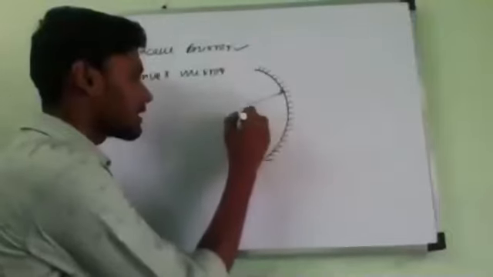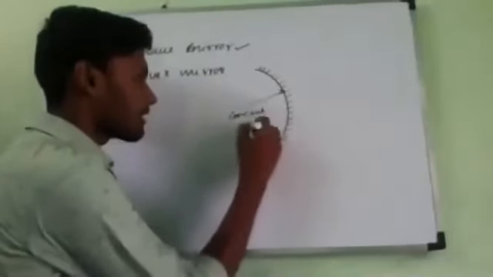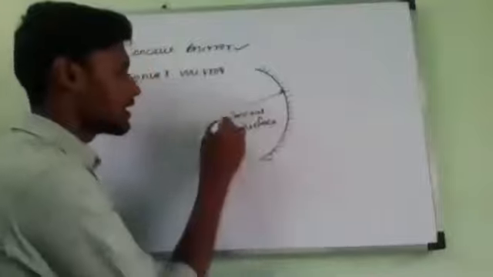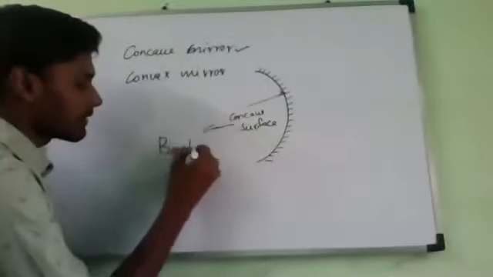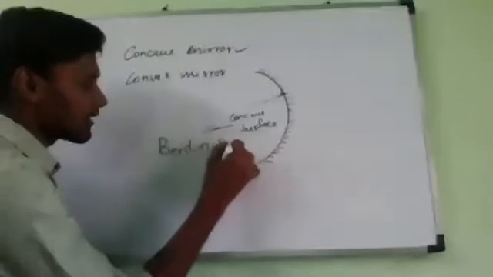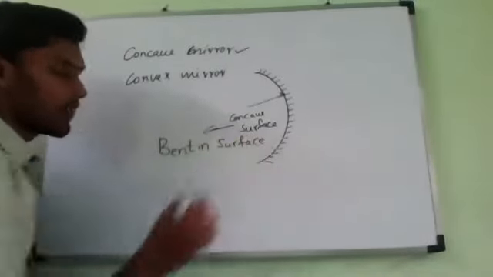This is called the concave surface, and another name for this surface is the bent-in surface. Bent-in means it will look like this.